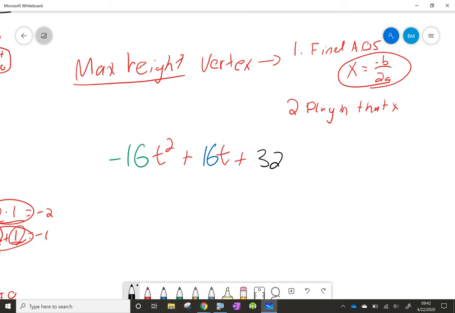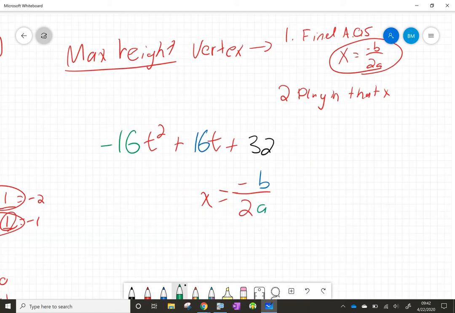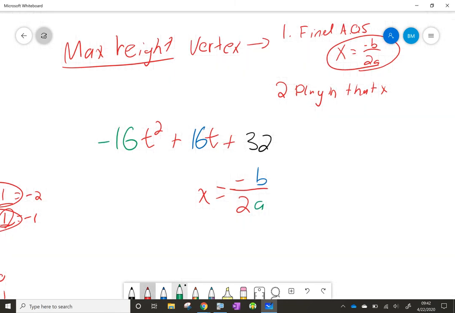In our formula, which is x equals negative b over 2 times a, b is going to be 16 in this case, so we'll have x equals negative 16 over 2 times a, which is negative 16.